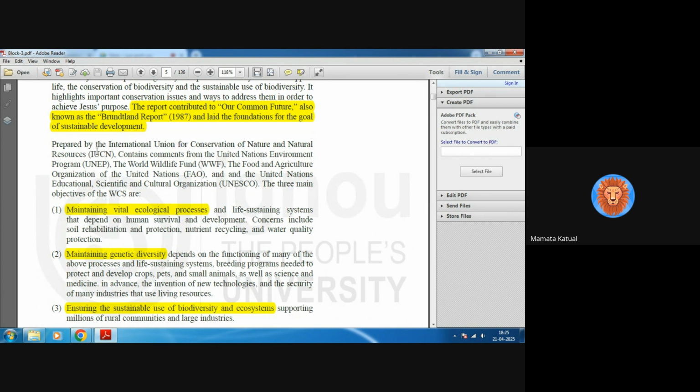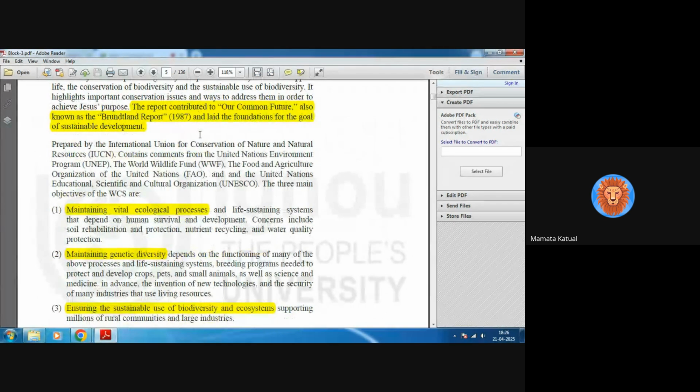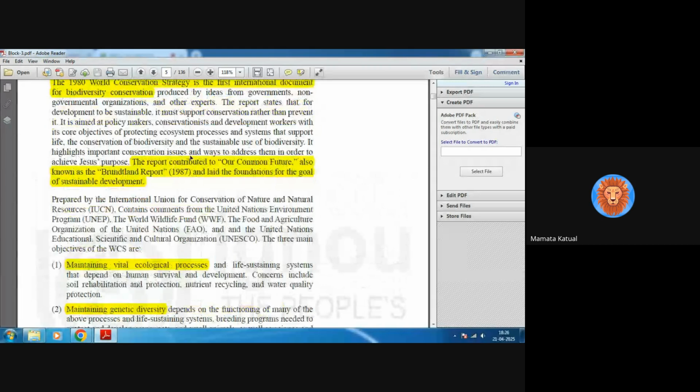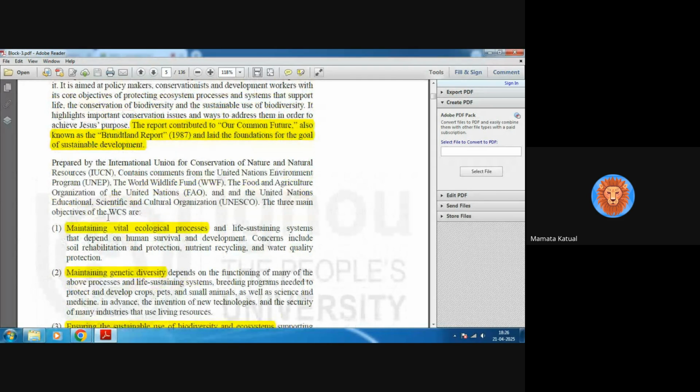It was prepared by different institutions like the International Union for Conservation of Nature and Natural Resources, IUCN, the Food and Agriculture Organization, the World Wildlife Fund, UNESCO, and so on. Now the objectives of the World Conservation Strategy, or WCS.